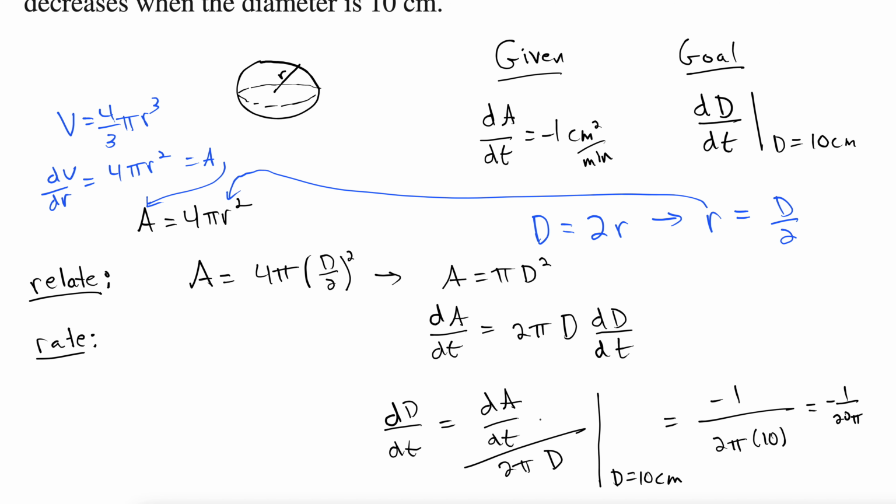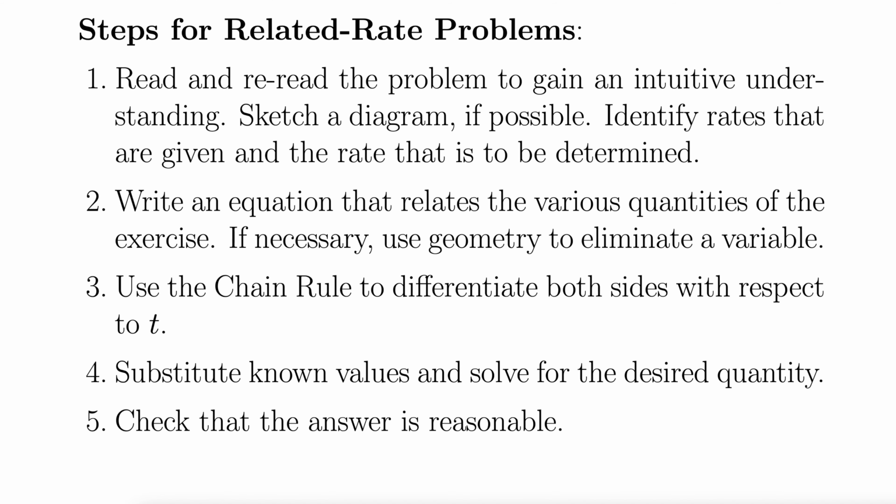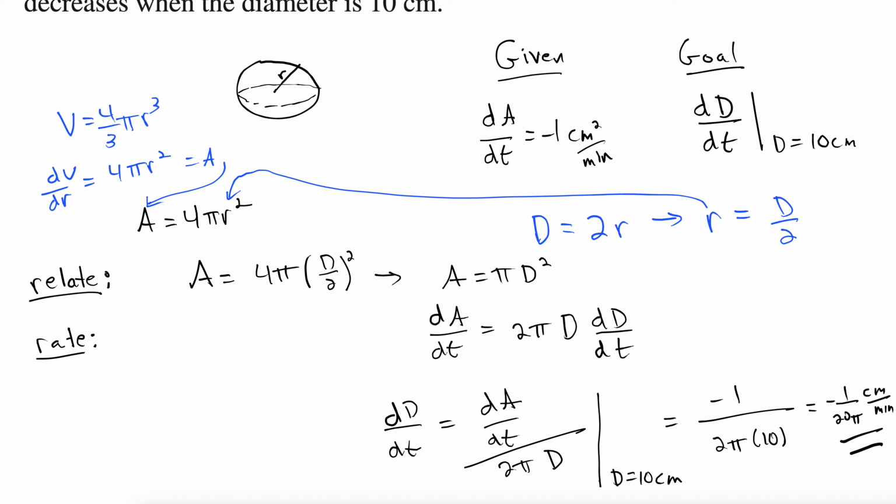Units are, let's see, this is derivative of diameter with respect to time. So it's going to be centimeters, distance, over time, per minute. -1 over 20 pi centimeters per minute. So it's decreasing. Step 5, check that the answer is reasonable. Well, is this reasonable?